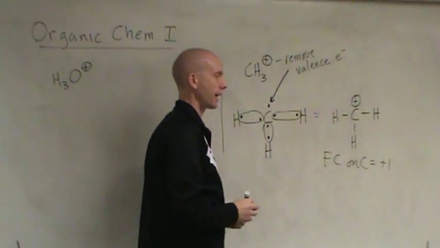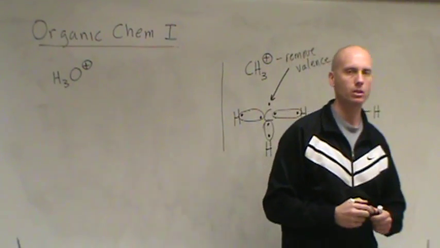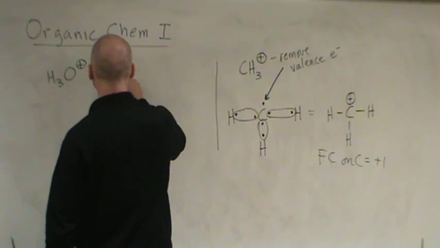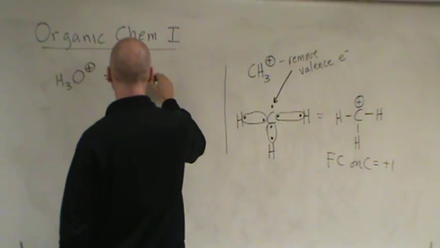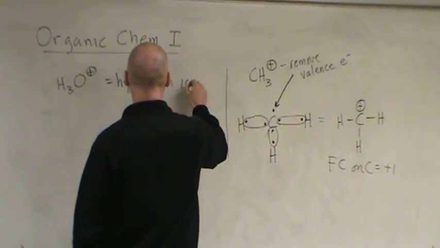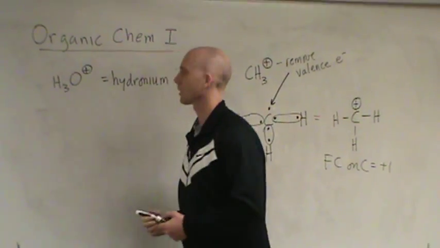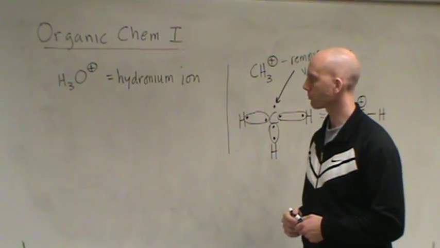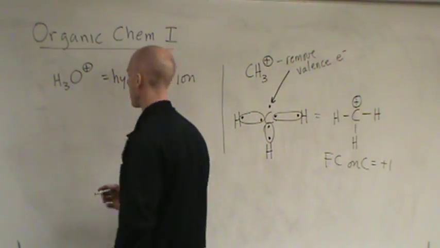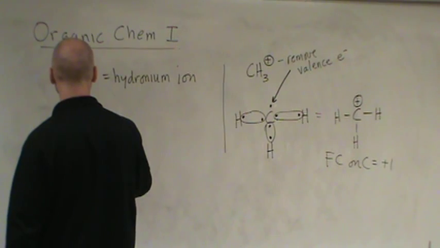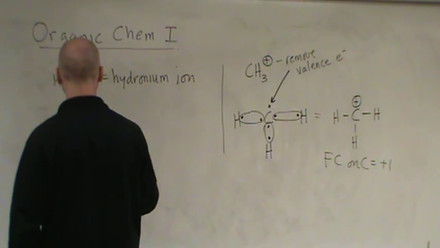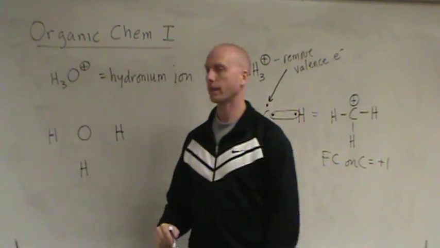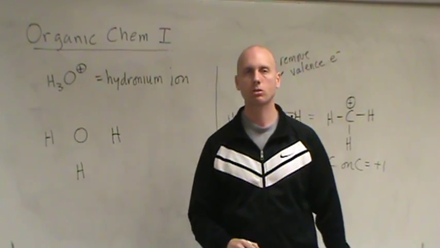Let's look at H3O+. Okay, remember this is called the hydronium ion. That we will be using a lot in organic chemistry. What is the Lewis structure for this? There are my atoms.